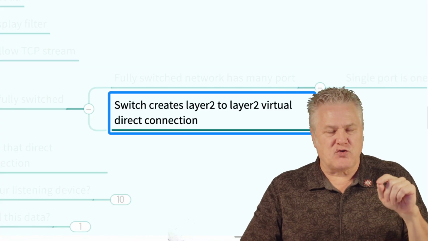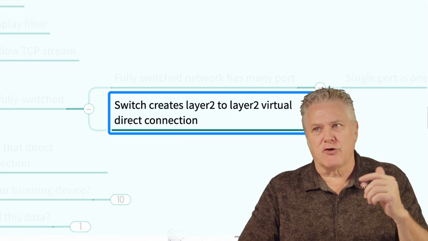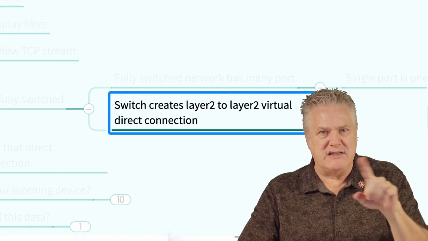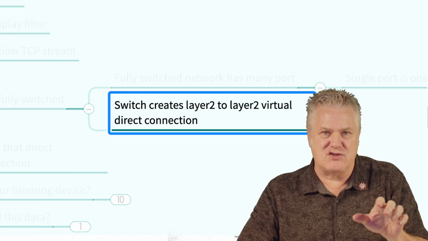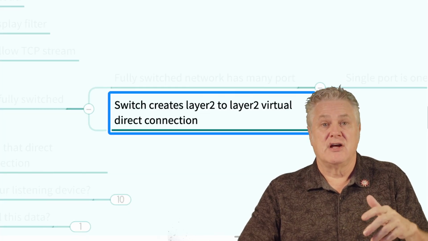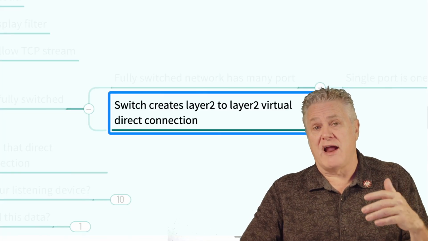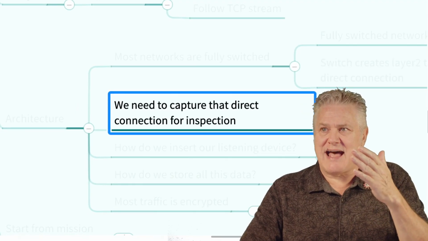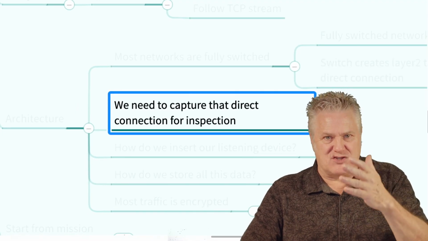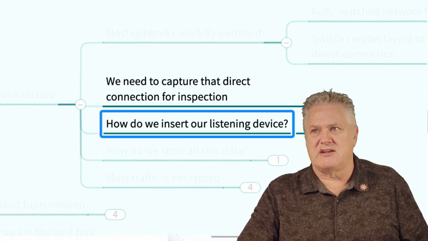The switch is going to create a layer 2 to layer 2 virtual direct connection between these two devices. It's not a fixed direct connection, but it's a virtual direct connection to reduce the overall overhead on the switching infrastructure. Now, we need to capture that direct connection for inspection. That's the first piece in our architecture here.